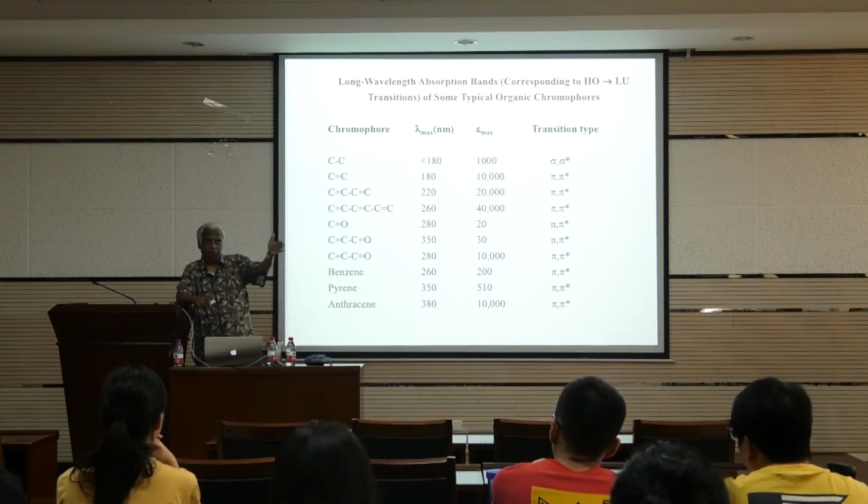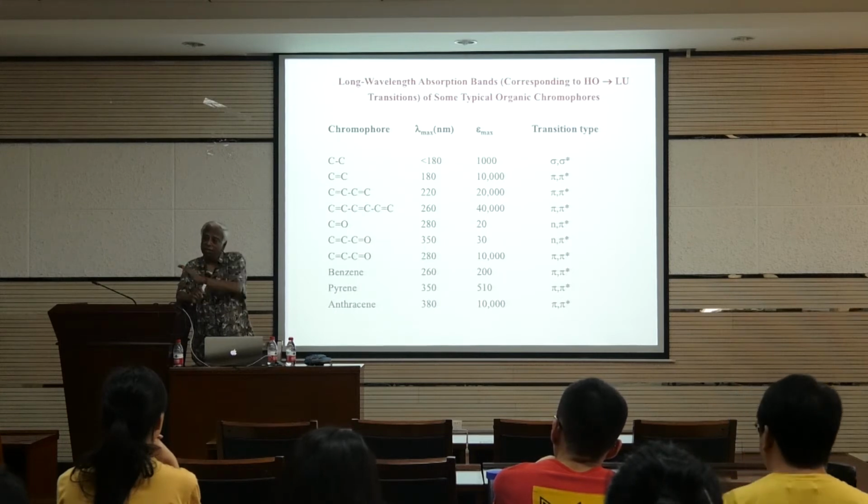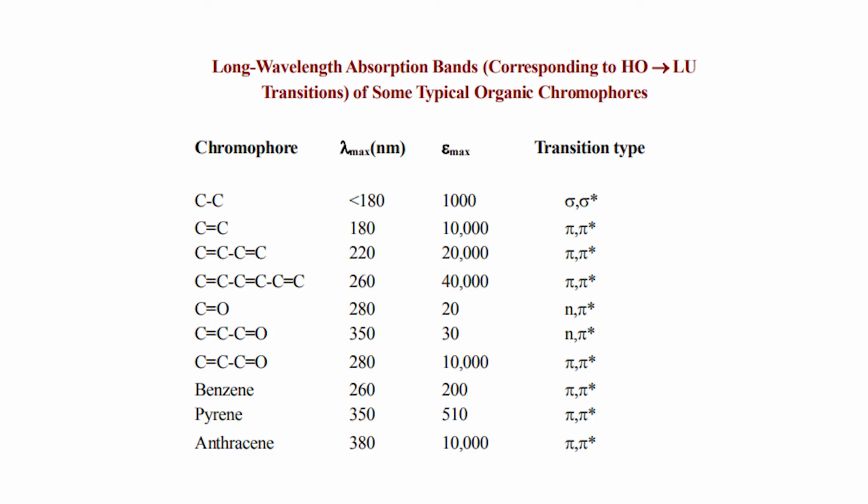In an absorption spectrum, the gap corresponding to S0 to S1 will be absorbed and everything else will not. Similarly, benzene has a larger gap, so the corresponding wavelength will be absorbed and everything else will not. That is very important to know.